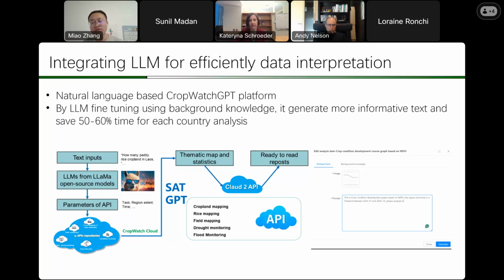Of course, it is not perfect. The users still need to make some modifications or double check whether the analysis is reasonable. But with more users involved in this interactive process, the model will provide more reliable analysis.